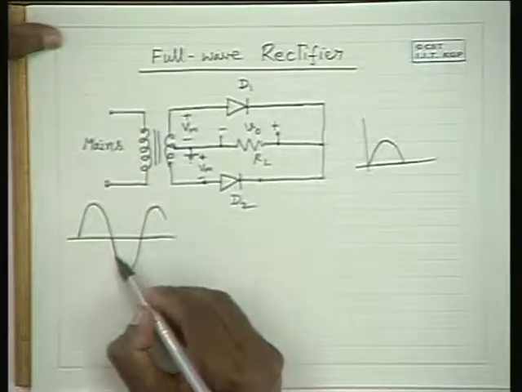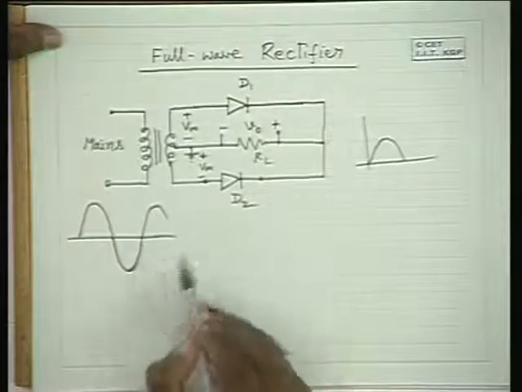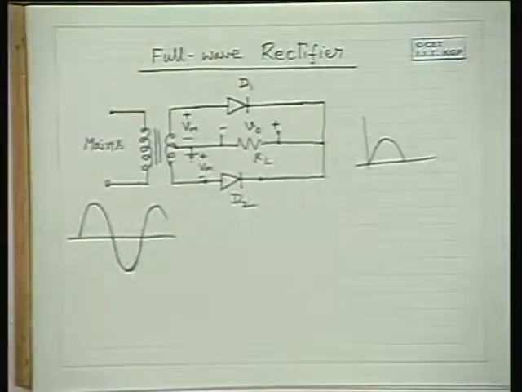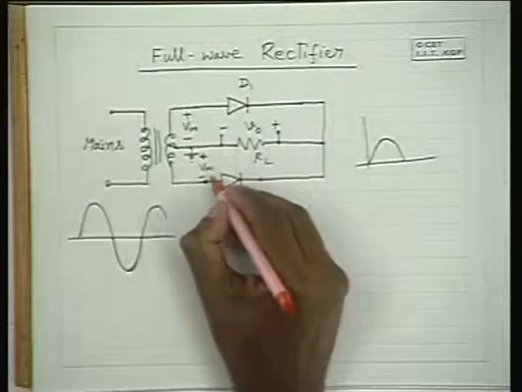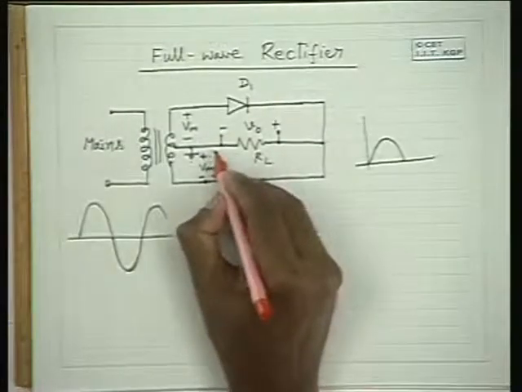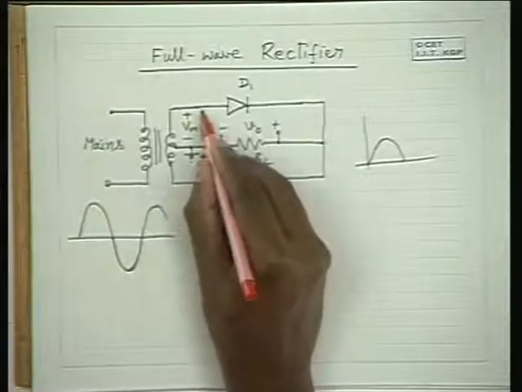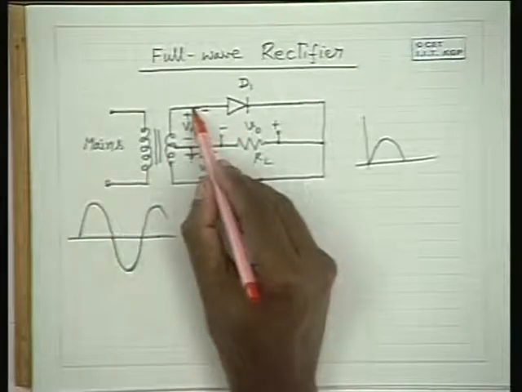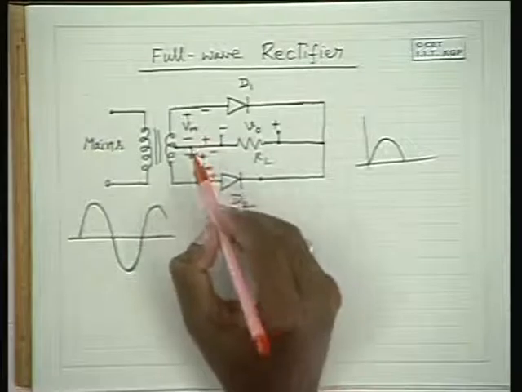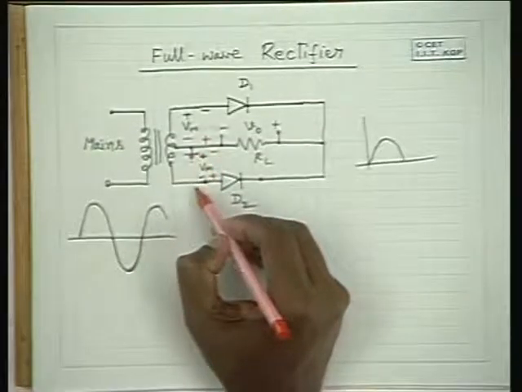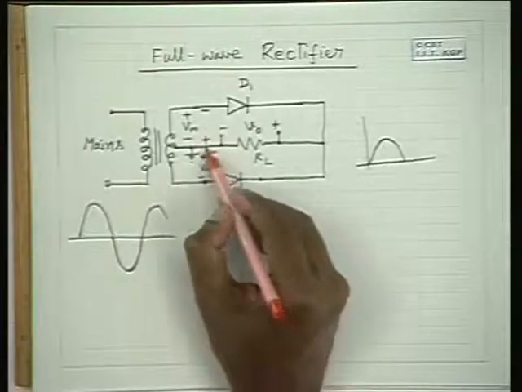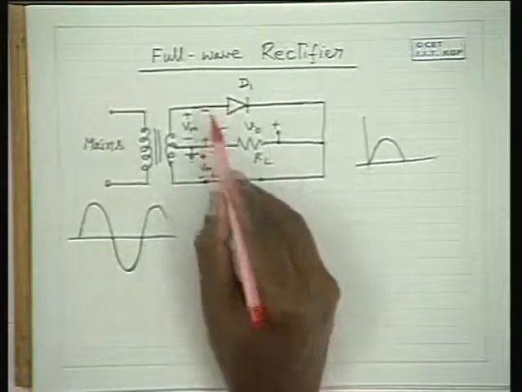Now during the negative half cycle, this voltage gets reversed, and the situation you have here is this is positive, this is negative, and this is positive, and this is negative. Because in this terminal you have a negative half cycle, that means this is negative compared to this, and this is negative compared to this. Therefore, this side is positive compared to this side, and this side is positive compared to this side.